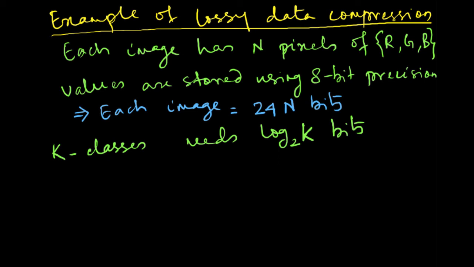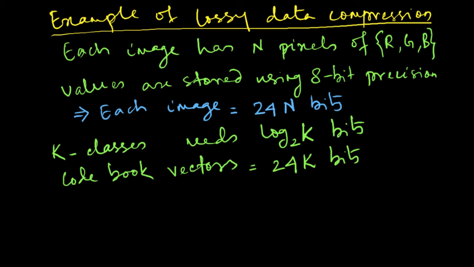And now once you have stored this, you also need to store the information about the classes themselves, which is the code book. So the code book stores the vectors, which is the mu i, which are k in number, because mu i, as you know, goes from 1, 2, 3 and so on up to capital K. So if you have capital K number of vectors, you need 24k number of bits if you are using the same 8-bit precision to store this.